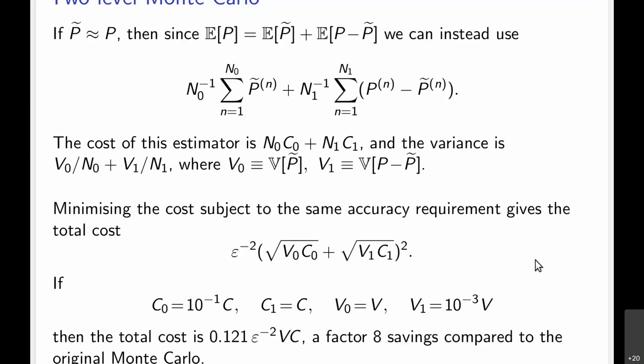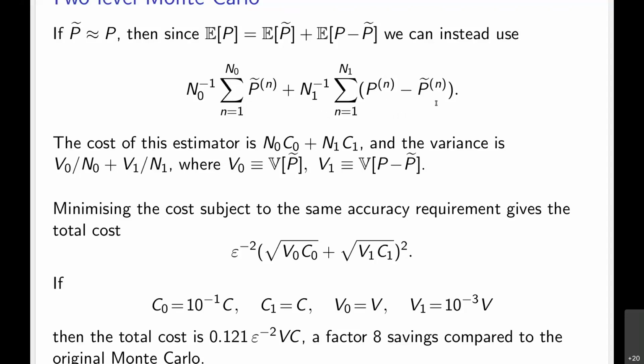And so instead, what we can do, rather than directly applying Monte Carlo to the left-hand side, we apply it independently to each of the expectations on the right-hand side. And so we have an average using n0 samples of the P tilde, and then an average using n1 samples of the difference between P and P tilde.